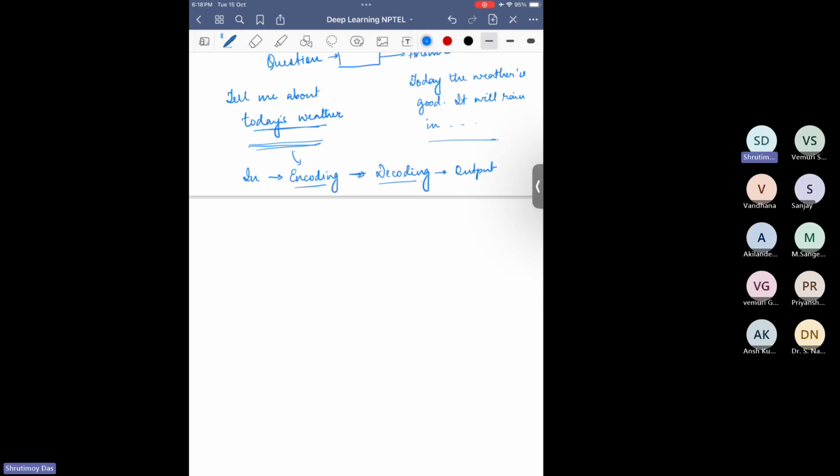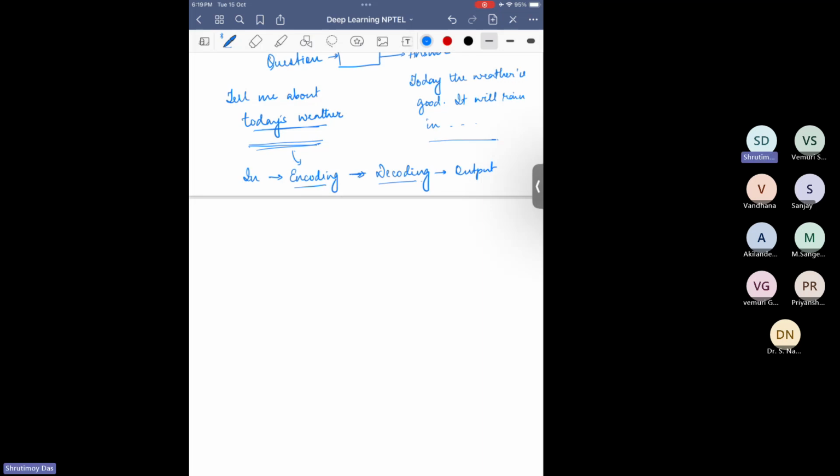Because my input is not text but my output is text, you have to first encode the speech data using some encoding type of architecture and generate some encoding of the speech data. And now once you have the encoding, you have to use it to decode the speech data into text. So the basic idea should be clear.